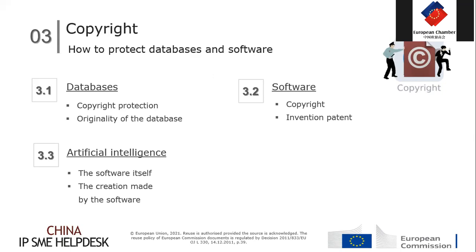Software in China is also protected by copyright. It's not the only way in which software can be protected, but it's the main method of protection. Because even though software can be protected as well by invention patents, it is only kept for very specific cases, so it's rather an exception than a rule.